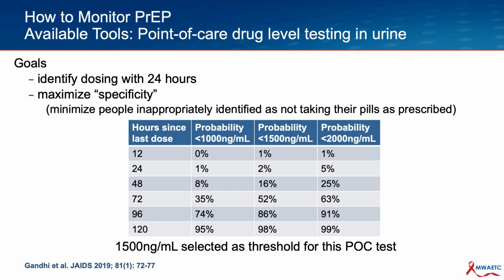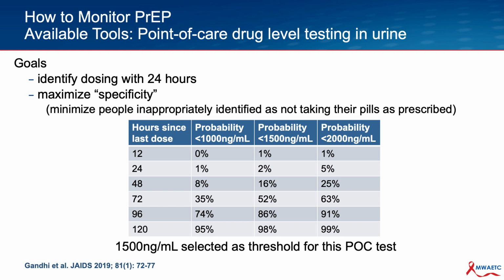This was in the pharmacokinetics, looking at dosing, fixed dosing, and the probability of using different thresholds of tenofovir and whether they would be picked up. I always find this challenging, so let me walk you through it. The goal of this was to maximize specificity. This was based on conversations with patients and participants, and they really wanted to minimize people who were inappropriately identified as not taking their pills as prescribed.